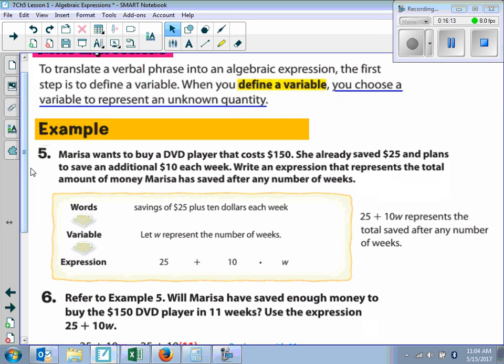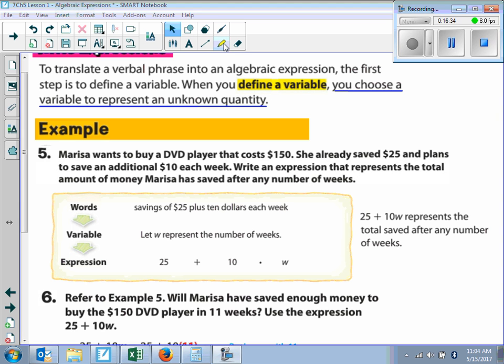Here it says, Marissa wants to buy a DVD player that costs $150. She already saved $25 and plans to save an additional $10 each week. Write an expression that represents the total amount of money Marissa has saved after any number of weeks.